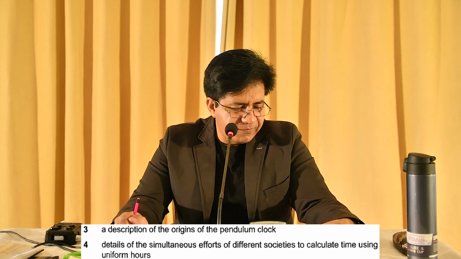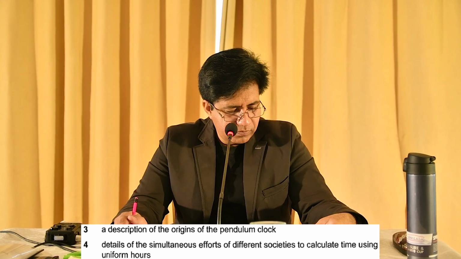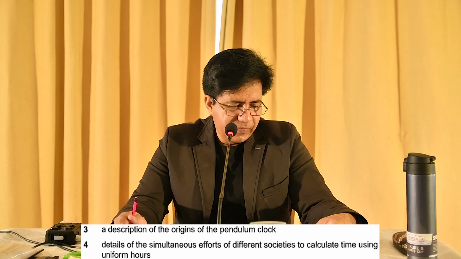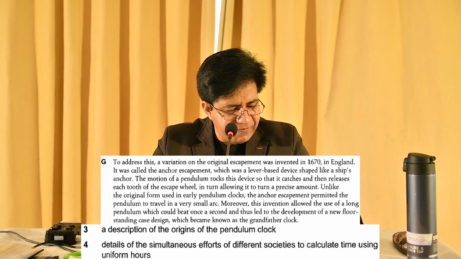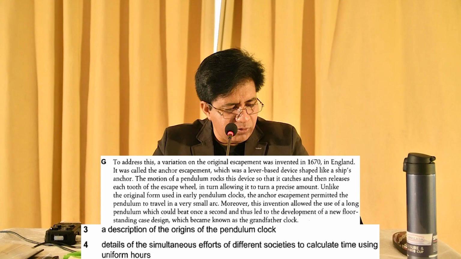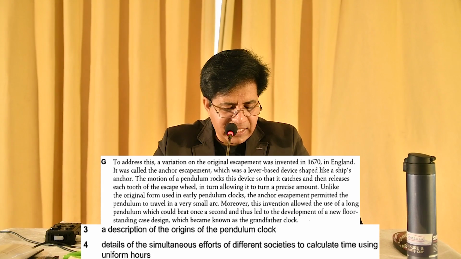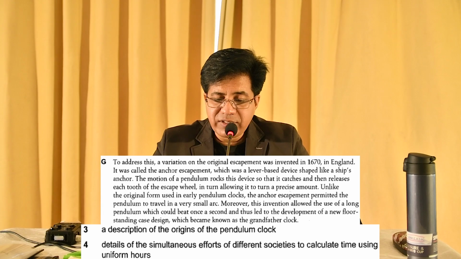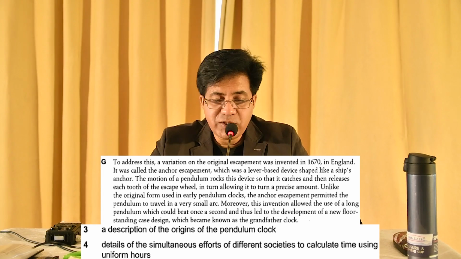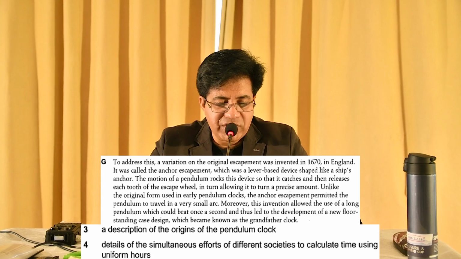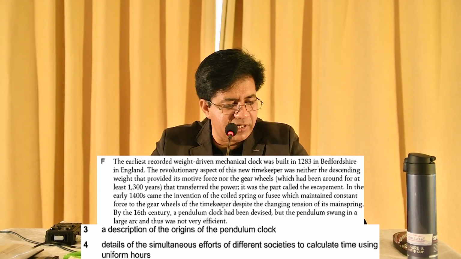Go to paragraph EFG. Paragraph G, 5th line: unlike the original form used in early pendulum clocks, the anchor escapement permitted the pendulum. Now see that they are not giving us the description of the origin. Go back to any other paragraph where there is pendulum with description.